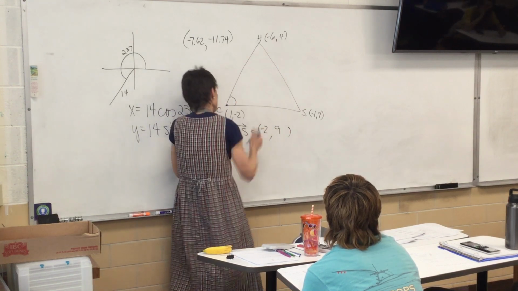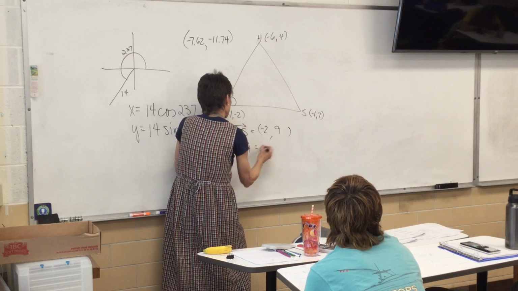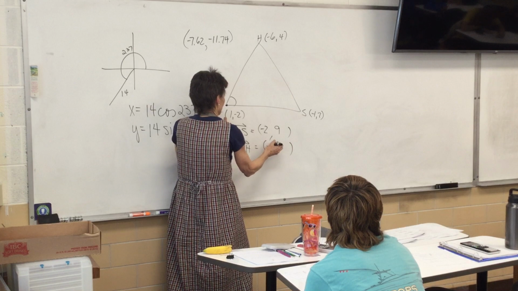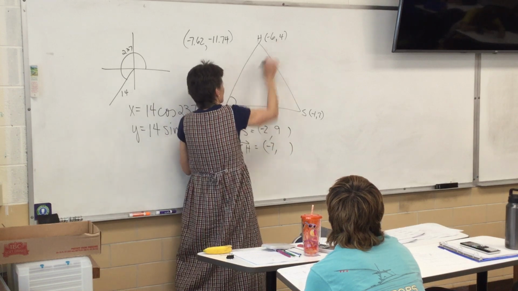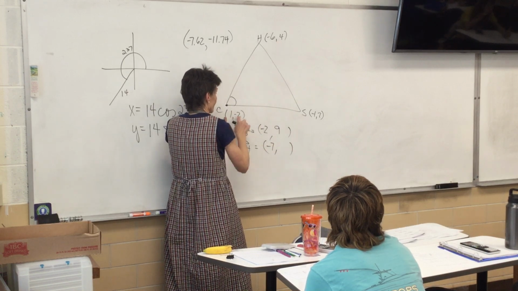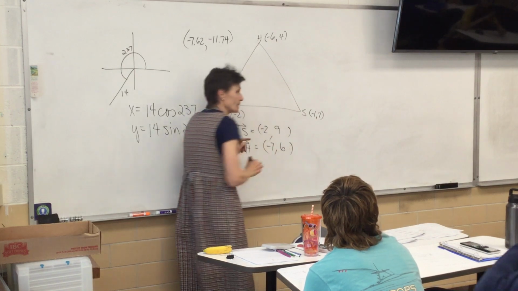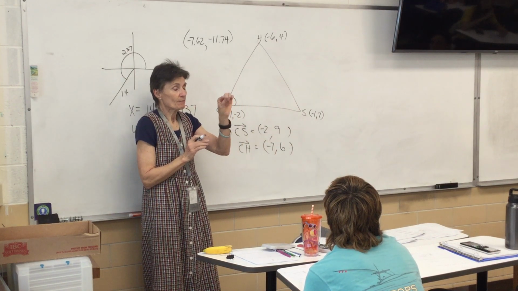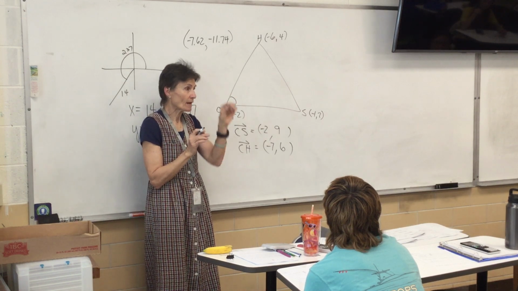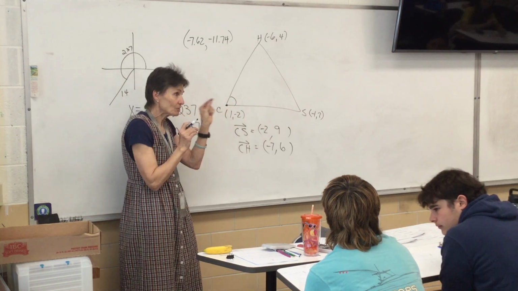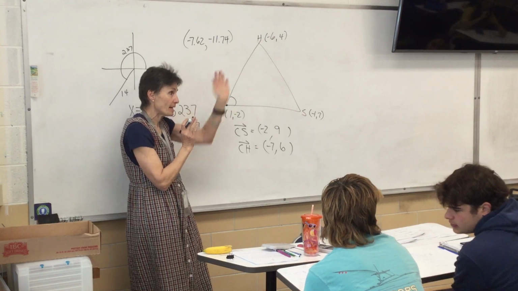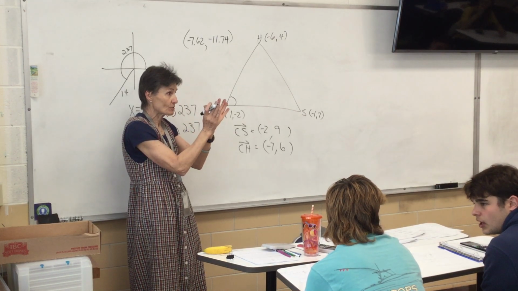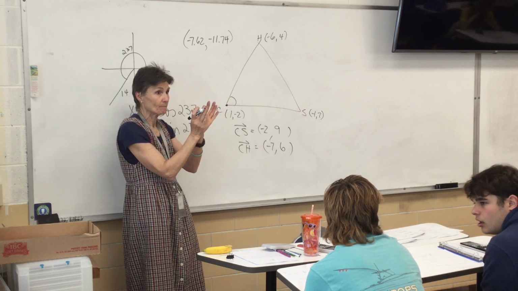And what are the coordinates of CH? Yep. Now, it is extremely important that if you're going to do the problem this way and you're finding angle C, the vectors you use are CH and CS. Does that make sense to you? Those are the 2 vectors that make angle C.